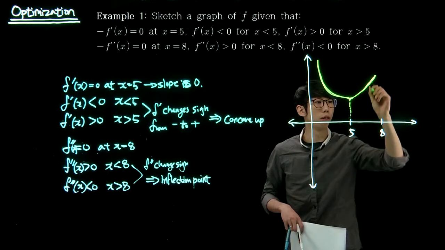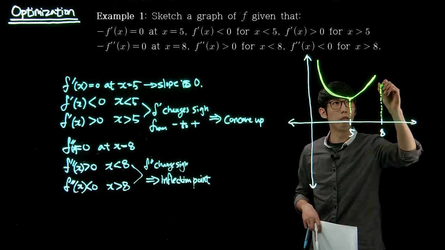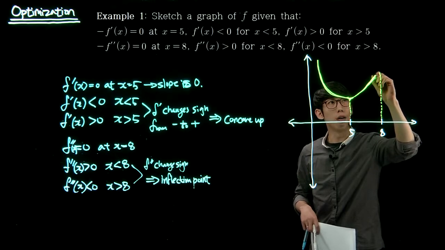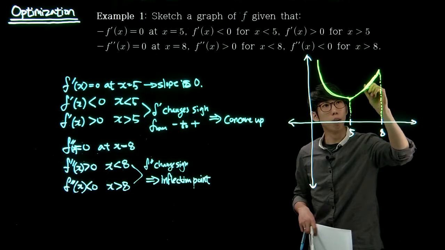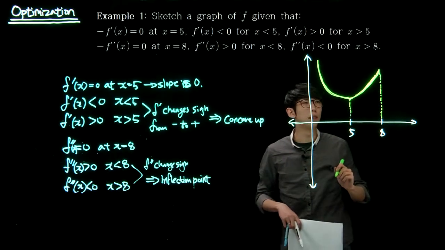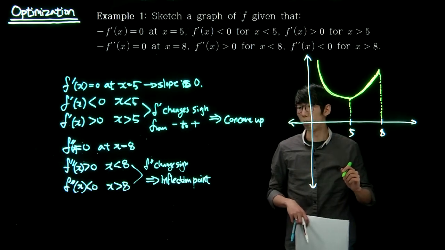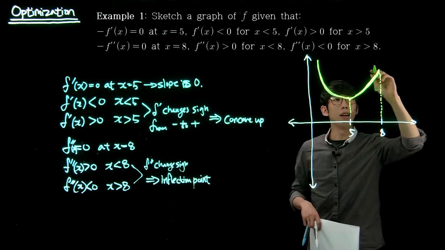And at x equals 8, something interesting happens. We have an inflection point. Right now, the curve is bending upwards, concave up, right? This is a terrible graph, but please just pretend that it's an awesome graph. And then the concavity changes.